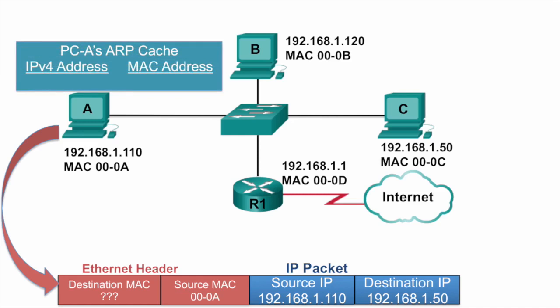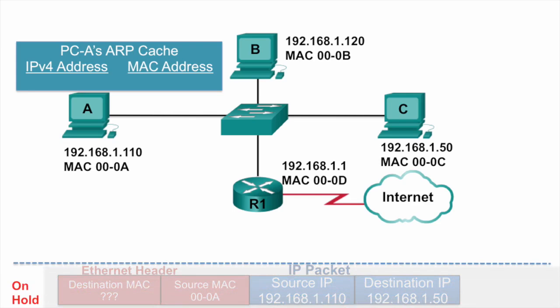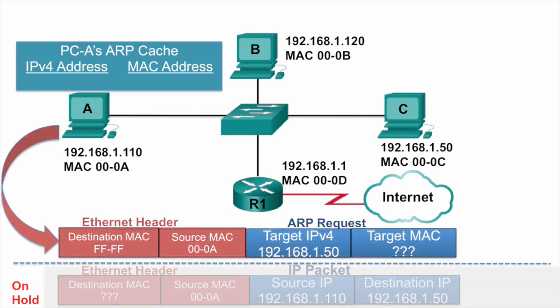Because it is not in its ARP cache, it will put the packet on hold and create an ARP request. The ARP request contains the target IPv4 address. This is the IPv4 address which is known by PCA, and the target MAC address which is unknown. This is what PCA is wanting to find out.